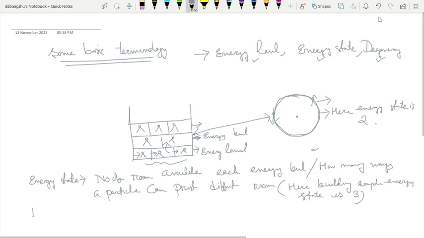And next, degeneracy. Degeneracy and energy state are relatively the same. You can consider these two as the same term here.